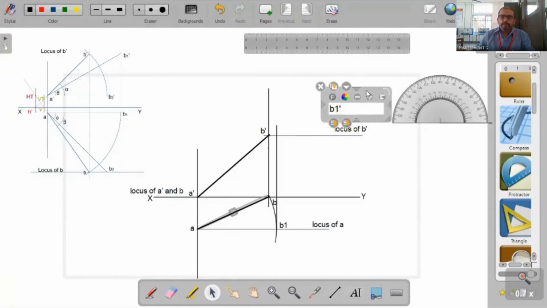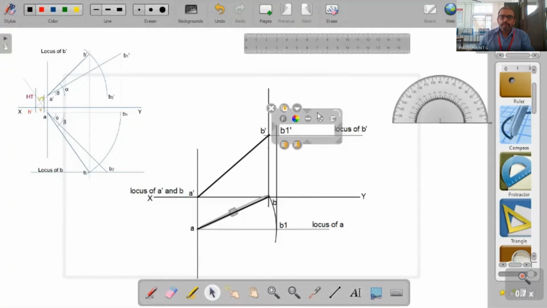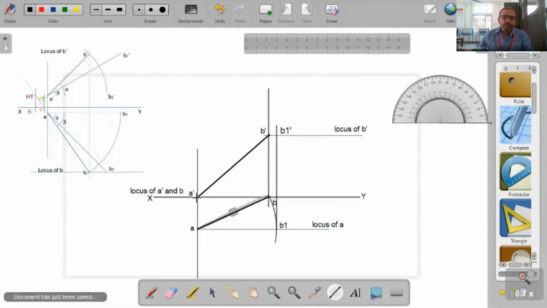So this is the point B1 dash. Now join B1 dash with A dash. This is the line. So A dash B1 dash will give you the true length.